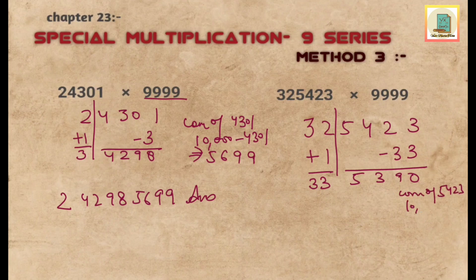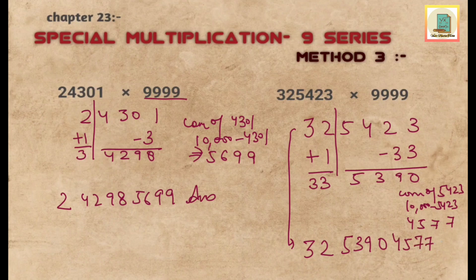So 10,000 minus 5423 will give you 4577. So now let's write the answer. So first part as it is, 32, then this part, that is 5390, and then the complement, 4577. So this is the final answer.